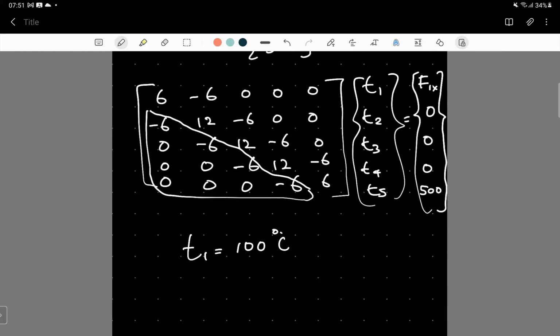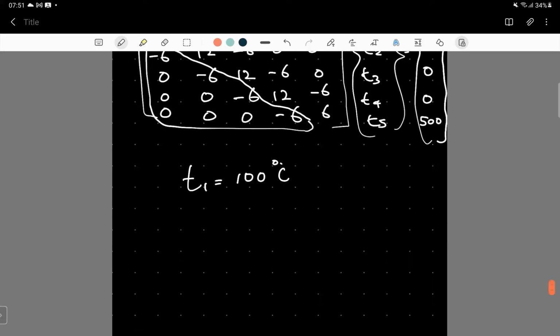In solving this matrix, we will get a simultaneous set of equations. We can solve them and obtain the temperature values from T2 to T5.